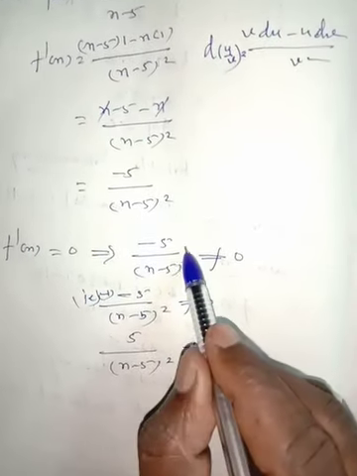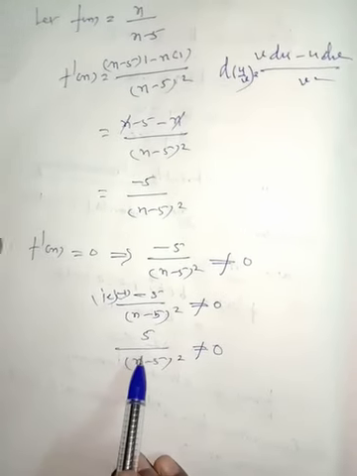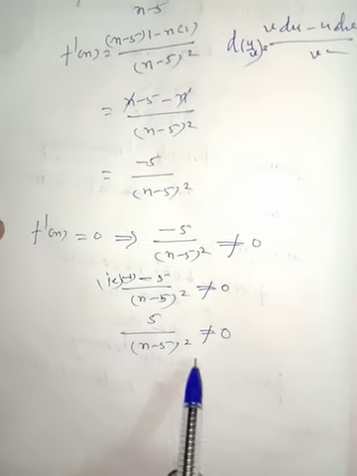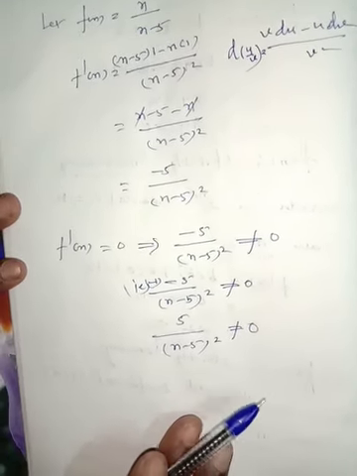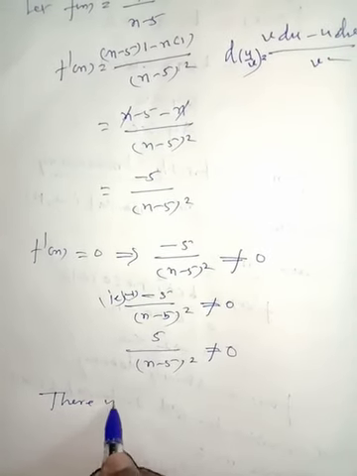So minus 5 divided by x minus 5 whole square is not equal to 0. There is no stationary point.